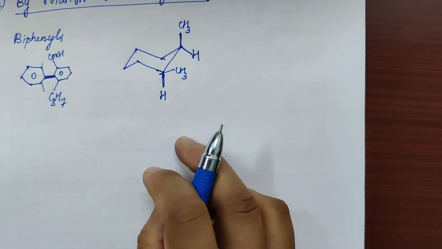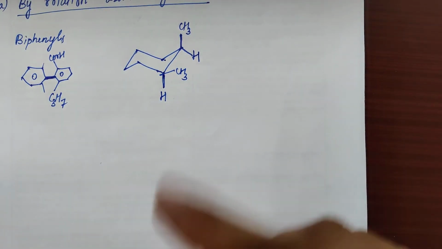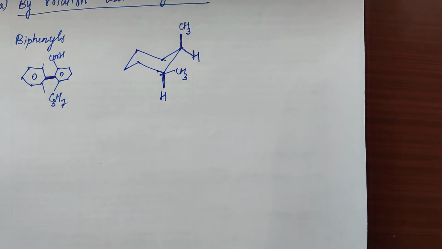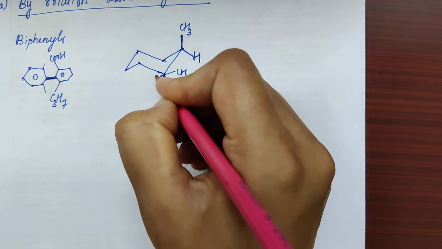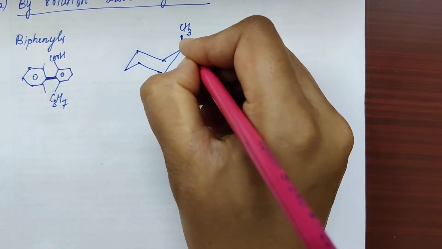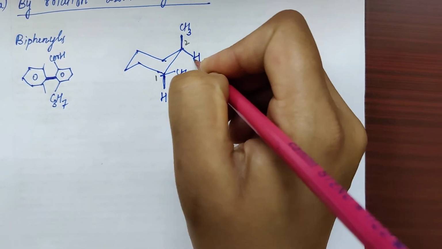Okay, so if you have to provide the numbering, let's say this is the first carbon, this is the second carbon. So what happens if the hydrogen is present in the equatorial position? That means it is away from the viewer.